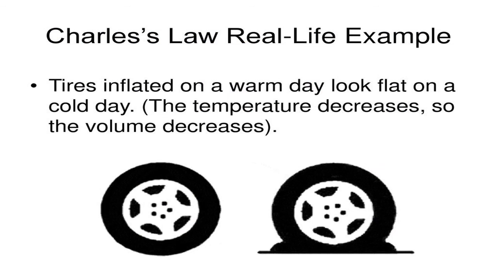Now see our vehicle tires, whether two-wheeler or four-wheeler. In the hot month of May, we normally keep the pressure less than the standard, because an increase in temperature increases the volume of gas, and the tire may burst. That's why we keep a little less in the summer, and even if you keep more than normal in the winter, no problem because it contracts. So all these are real life situations of Charles law.